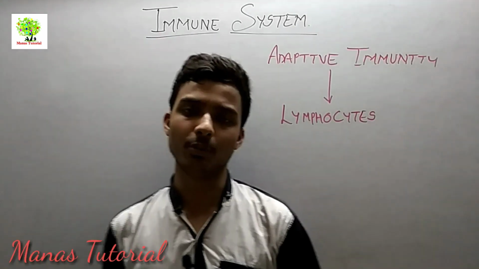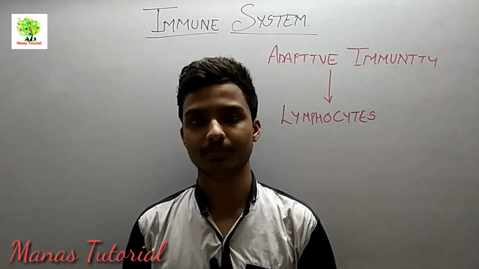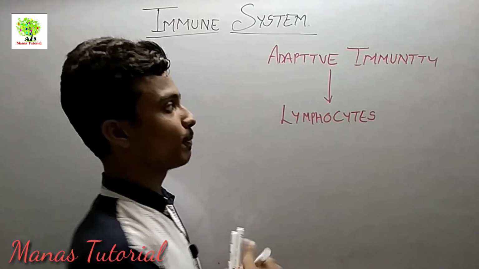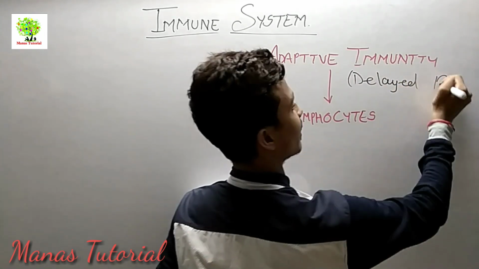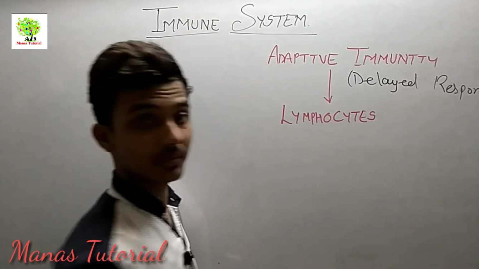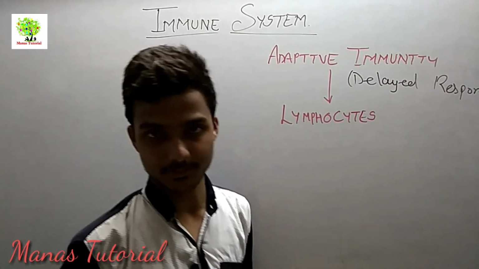The other type of immunity is known as adaptive immunity or acquired immunity. This immunity is also known as a delayed response. It occurs through lymphocytes.